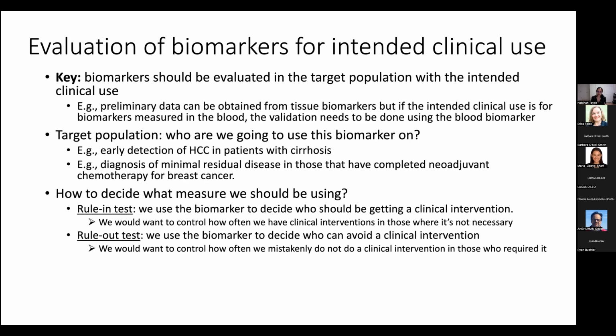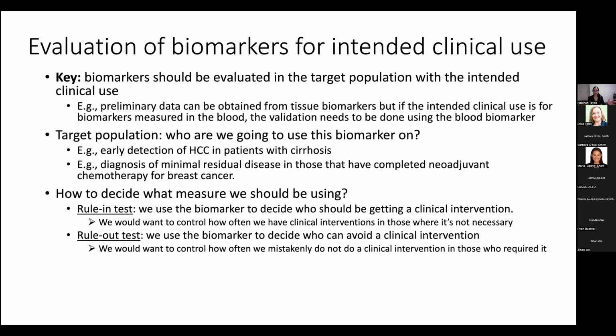I also think, going back to the idea of how we are going to use this biomarker, there are two broad categories: a rule-in test and a rule-out test. A rule-in test relates to what's current clinical practice. A rule-in test is when the current clinical practice is that no one gets the intervention. So we want to use the biomarker to decide who should be getting some kind of clinical intervention.